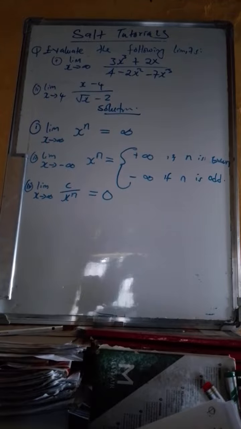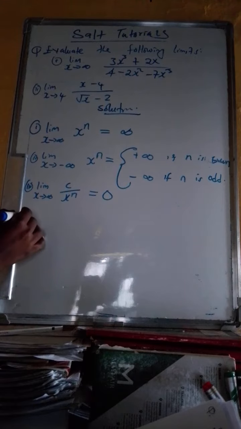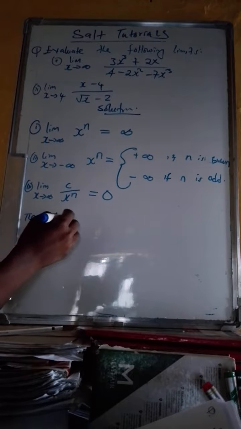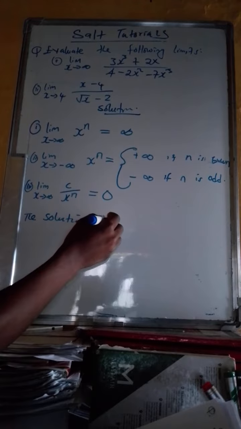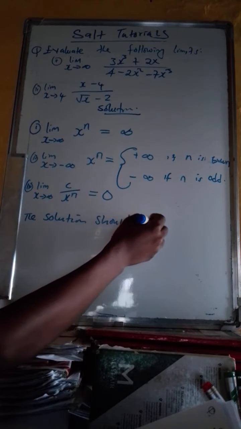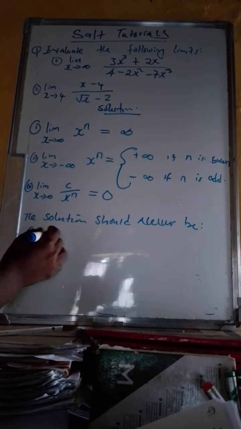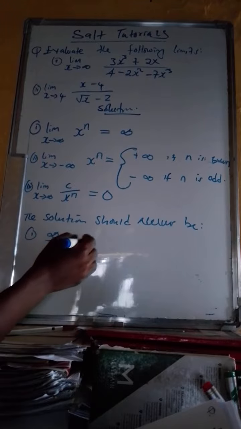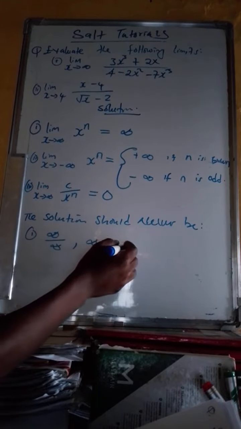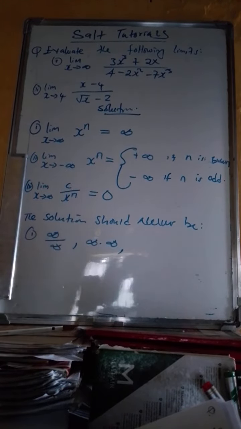In indeterminate forms especially, your solution should never be infinity over infinity or infinity multiplied by infinity. Those cases are called indeterminate forms of limits.